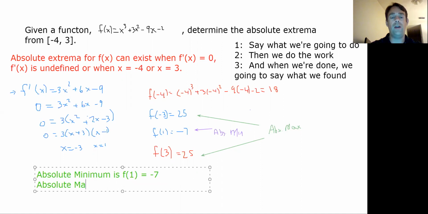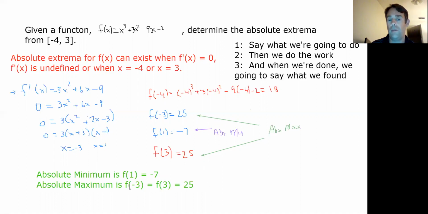The absolute maximum is f of negative 3 equals, watch this, f of 3. It happened twice, so I need to make sure I include both. So we say what we're going to do, and then we do the work. And when we're done, we say what we found. All right, so we have it all now.